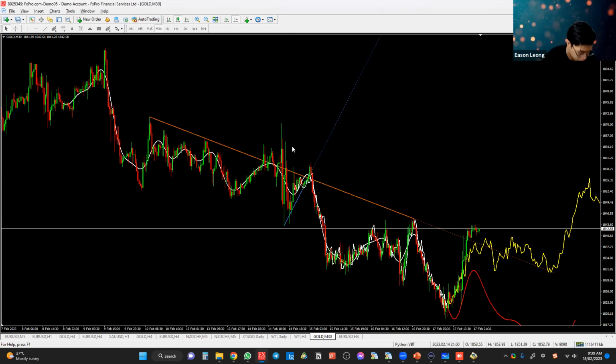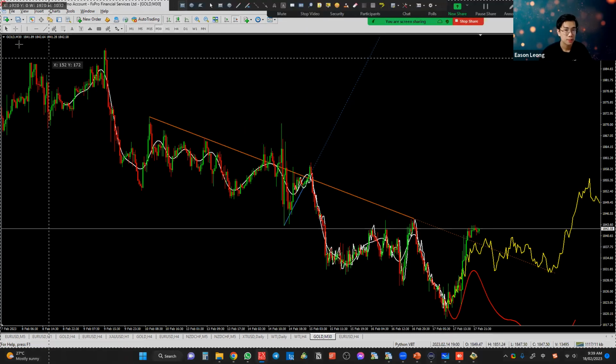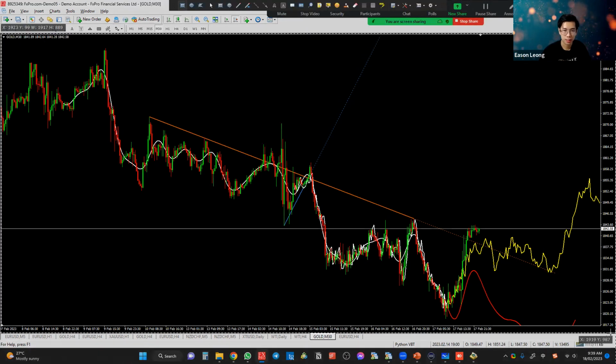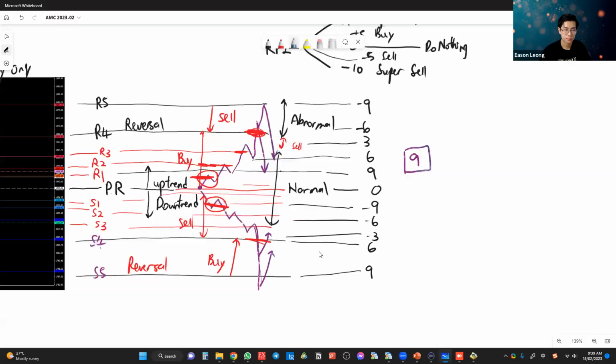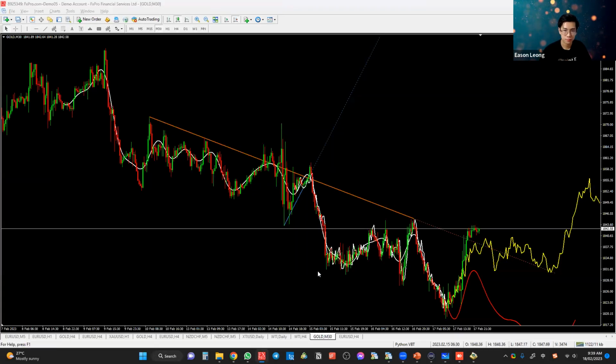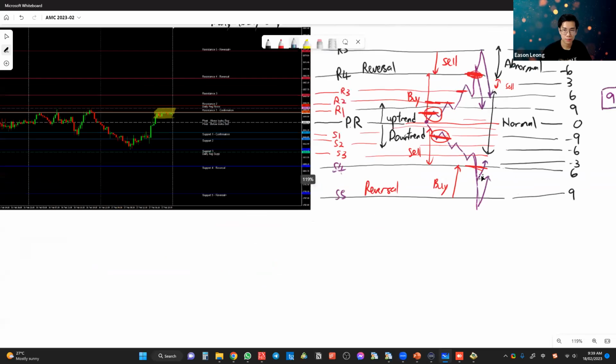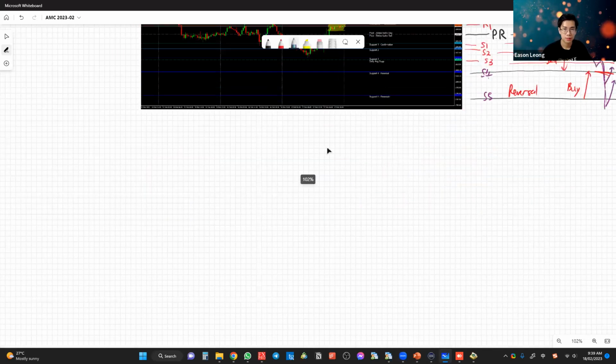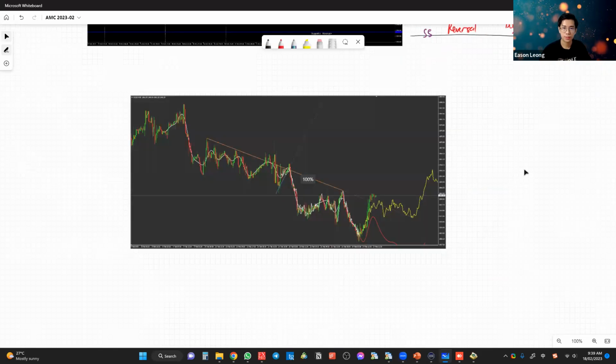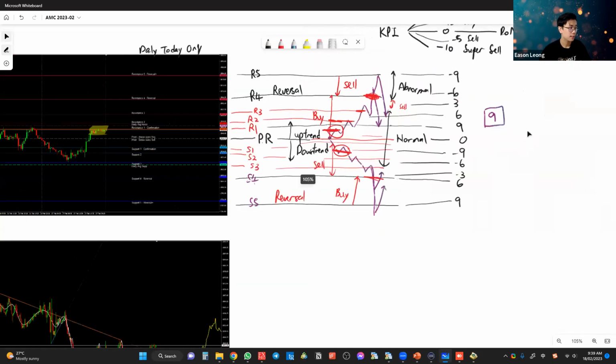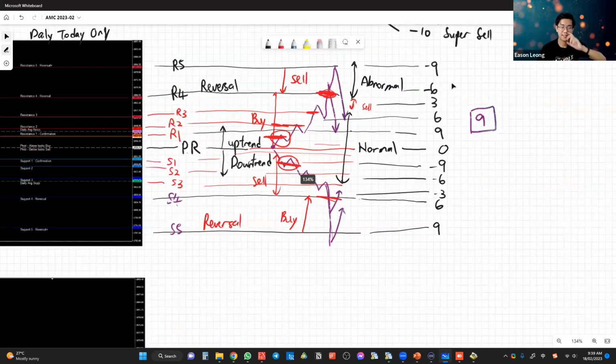Okay, so we take a screenshot of this first, and let's go to the chart to analyze. Just now there's some student asking why there is a negative on the reversal here.